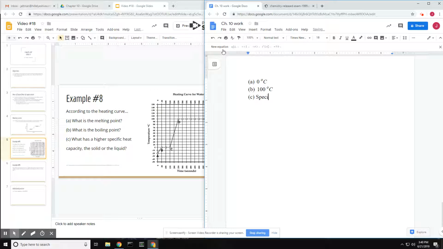Remember, specific heat capacity is the quantity of heat needed to raise 1 gram of a substance by 1 degree Celsius. So substances with greater heat capacities will absorb more heat before they increase in temp, and they will have lower slopes.